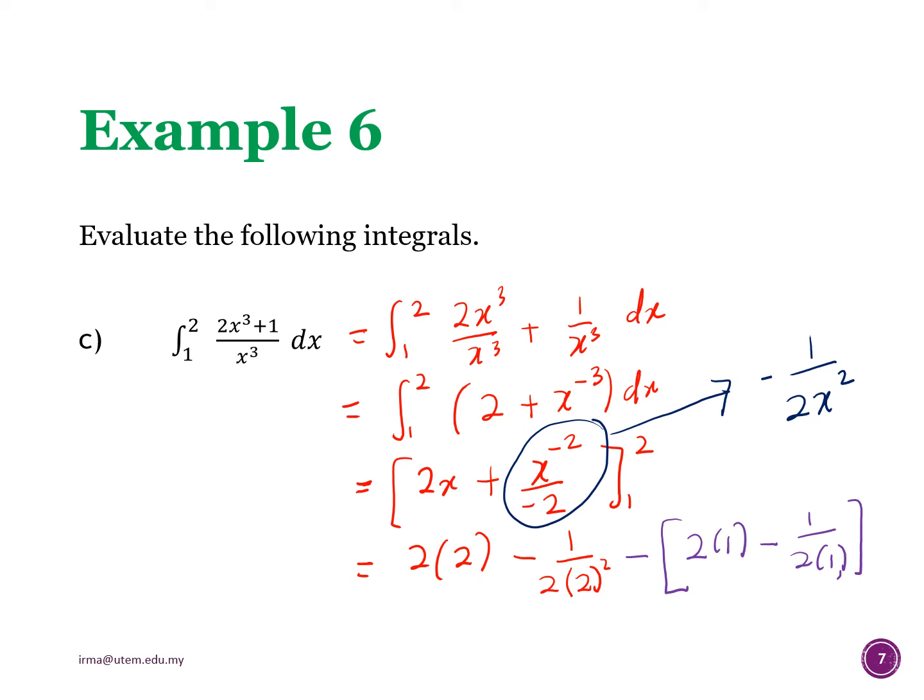Be careful with this negative, so put everything in bracket. Solve all these numbers, and you will get 19 over 8, which is approximately 2.375. So this is the answer for question C.